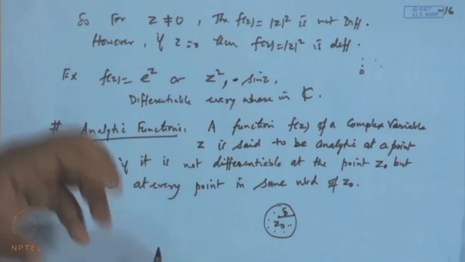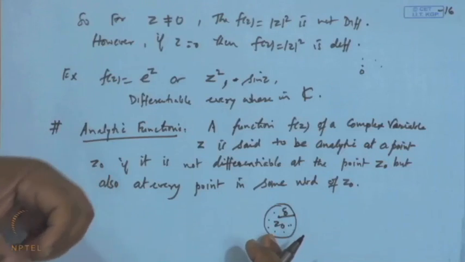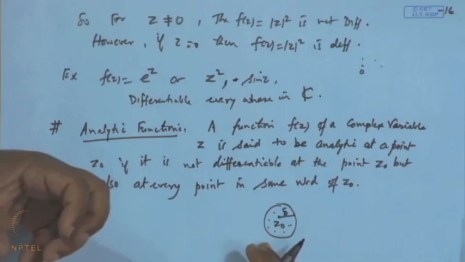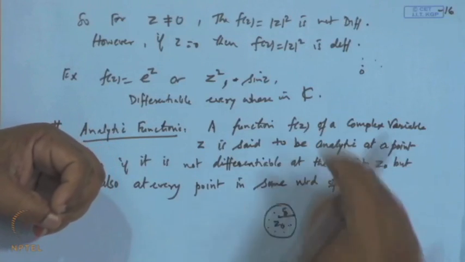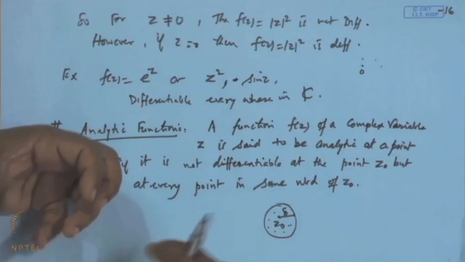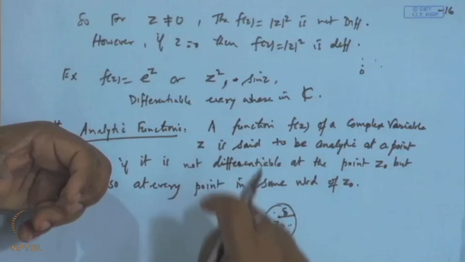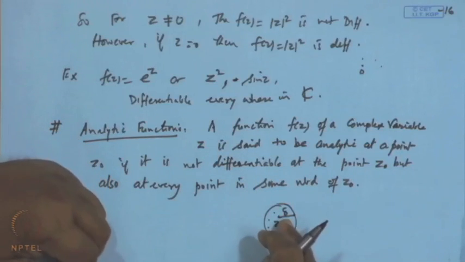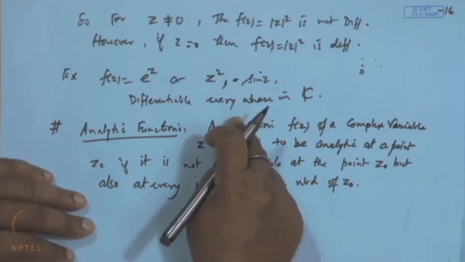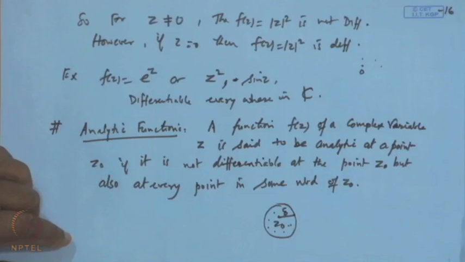So, when the function is analytic, then differentiability of the function at that point is not only necessary. What is necessary is that it should also behave properly, it should be differentiable around the point z naught also. That is why there is a difference between differentiability and analyticity.